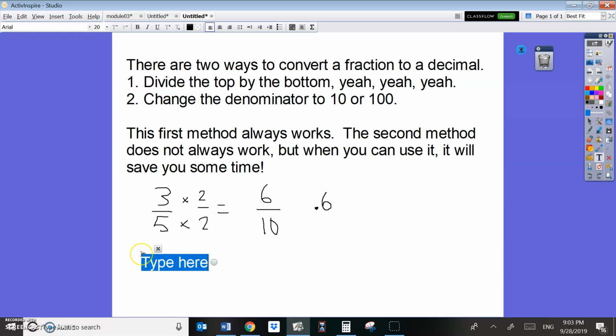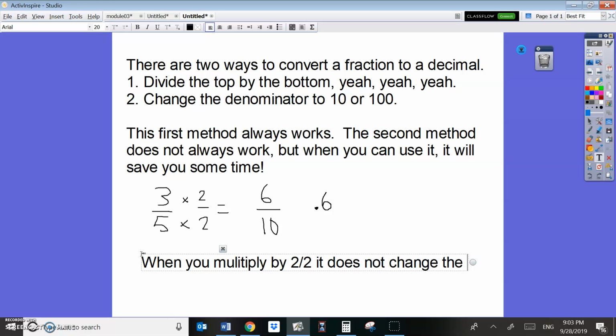When you multiply by 2 over 2, it does not change the value.